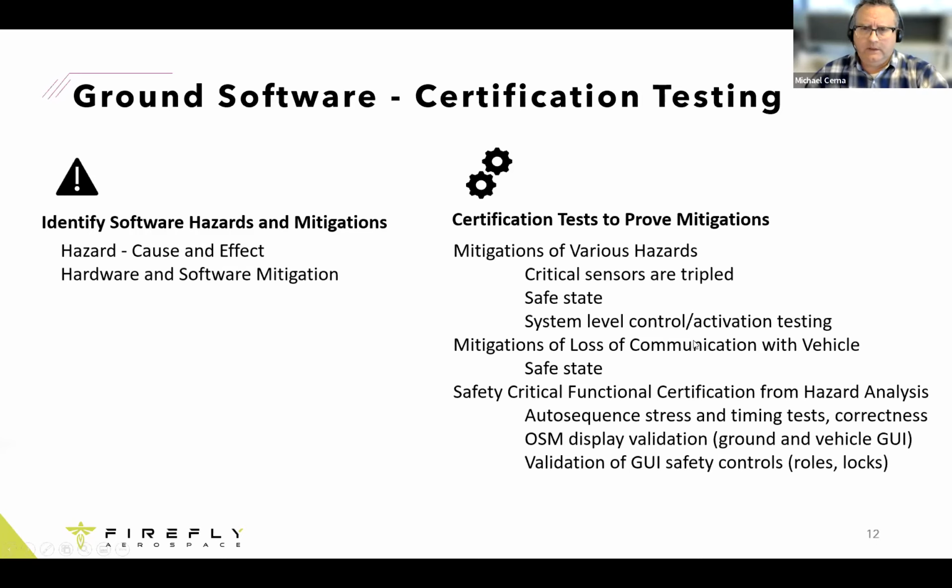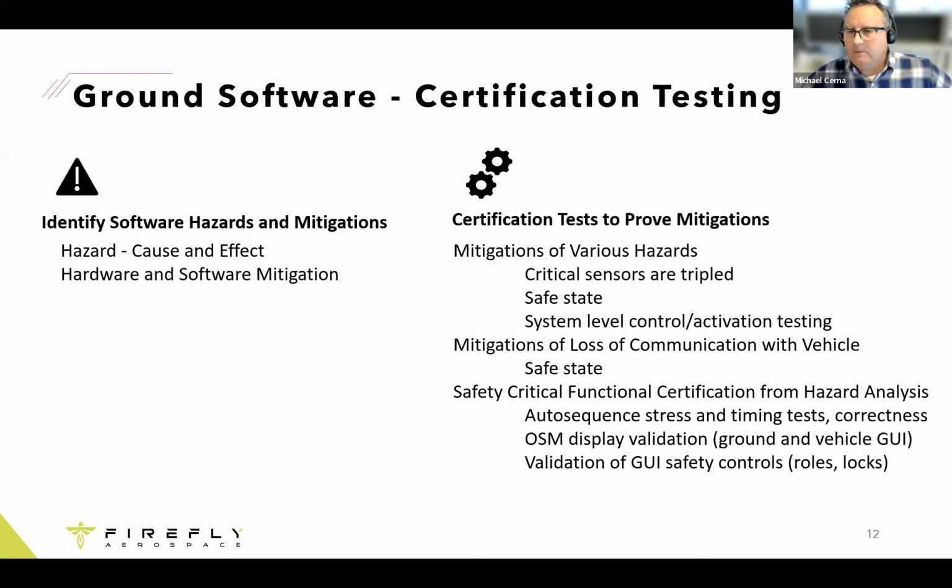And in terms of hardware, for critical sensors, we may have three sensors that we would read from, and basically choose the ones that are in most agreement, as an example. And then in terms of proving out our functional operations, we have to run through safety critical certification tests where we test the auto sequence performance and timing and correctness.